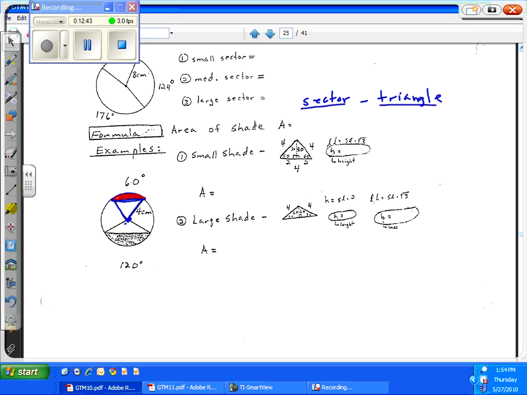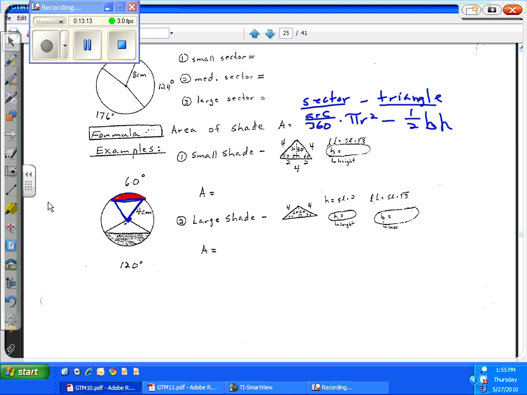If we put in the formula for each, the area of a sector is arc over 360 times pi times radius squared. And the area of a triangle is 1/2 base times height. So to get the area of that shaded piece, we would have arc over 360 times pi times radius squared minus 1/2 base times height. Area of the sector minus area of the triangle.